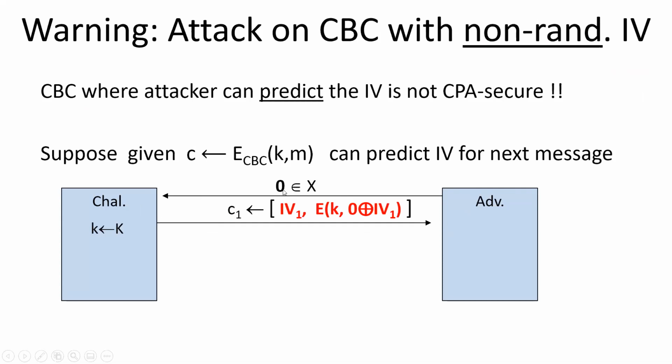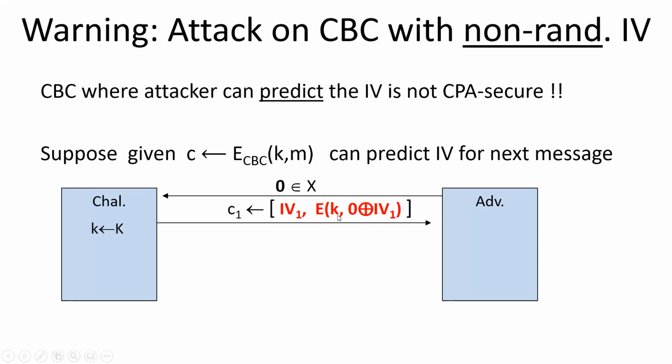He sends an encryption of, say, okay, let me test, an all-0 string. The challenger picks an IV and runs a CBC mode encryption of this plaintext. What is it? Well, CBC says take the plaintext, which is a single block. X is the space of blocks, right? X is the domain of the block cipher.